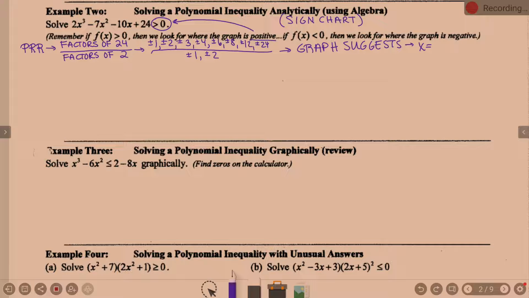I'm graphing 2x to the third minus 7x squared minus 10x plus 24.